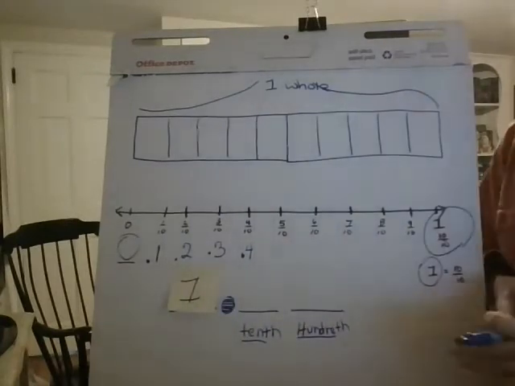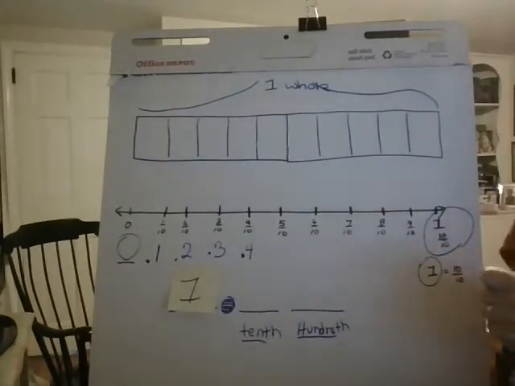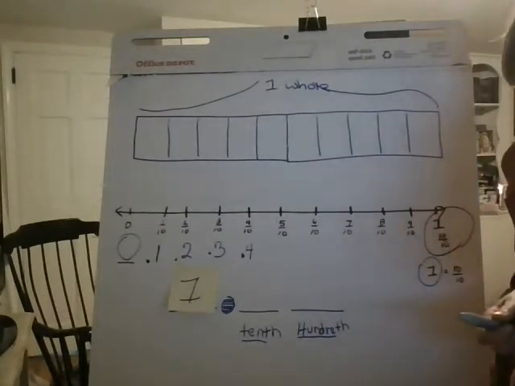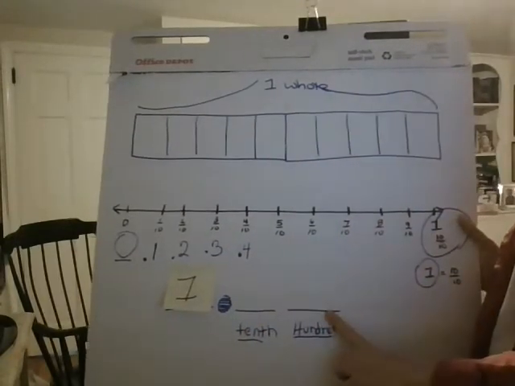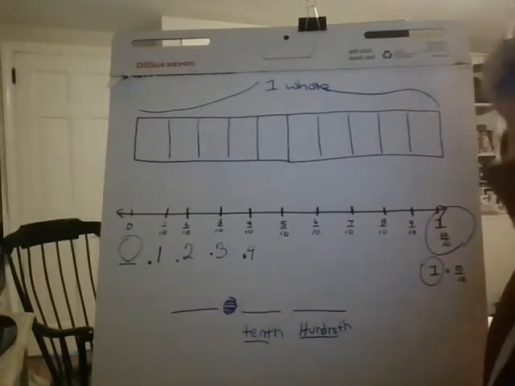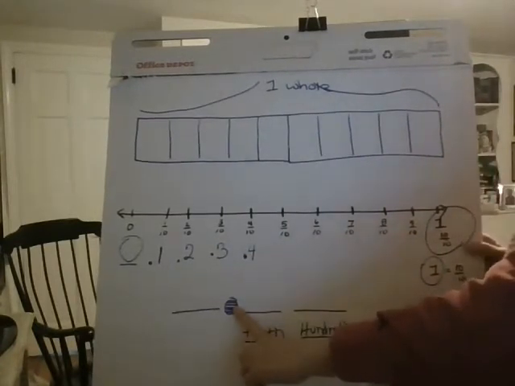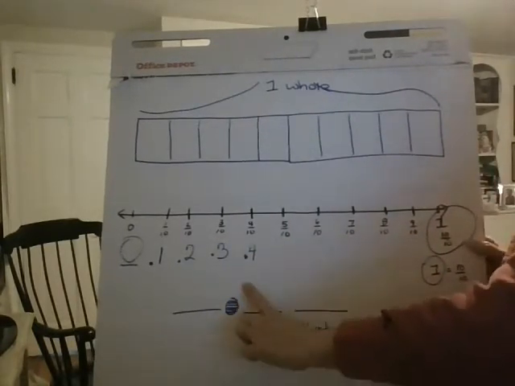Remember, when we're talking about fractions, we're talking about part of a whole. Decimals are also another way of writing part of a whole. So below, I've changed my place value chart to include the decimal point.